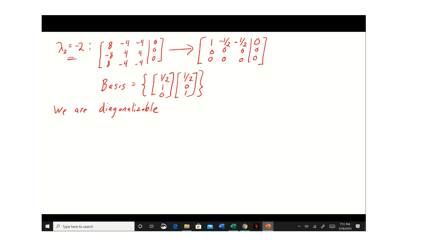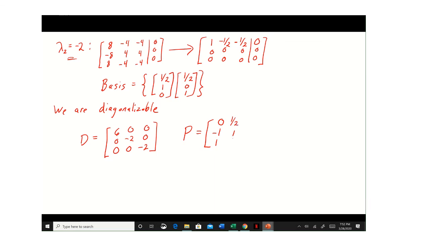Now, what is our diagonal matrix equal to? Our first eigenvalue was 6 with multiplicity 1. Our second eigenvalue is negative 2 with multiplicity 2. So there's our D. Our matrix P is equal to, well, you just put in the basis for your eigenspace for 6, and then for negative 2 we have two basis vectors.